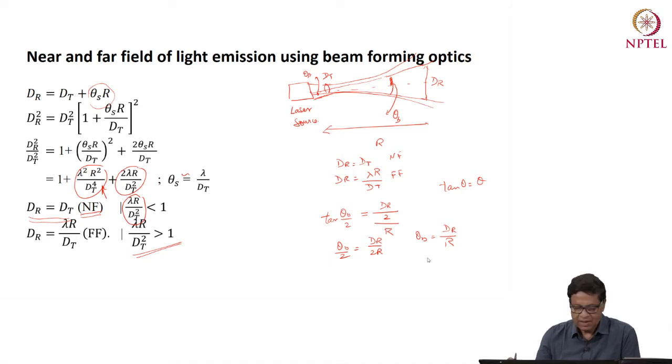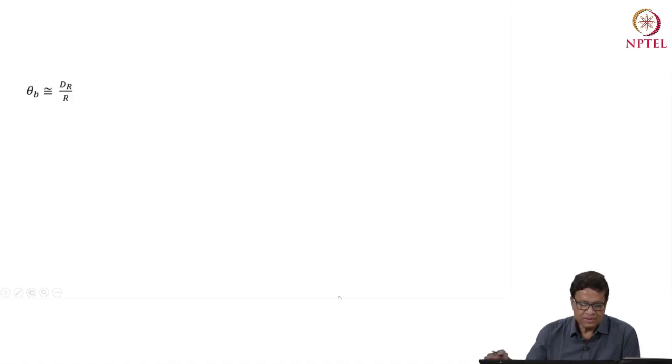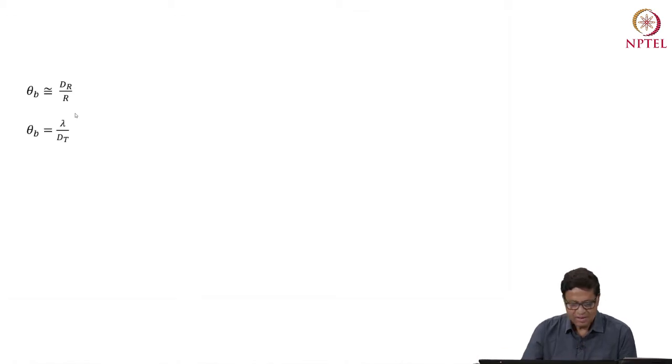And theta b is also equal to lambda by dt. So this theta b is approximately equal to dr by r, and theta b is equal to lambda by dt.